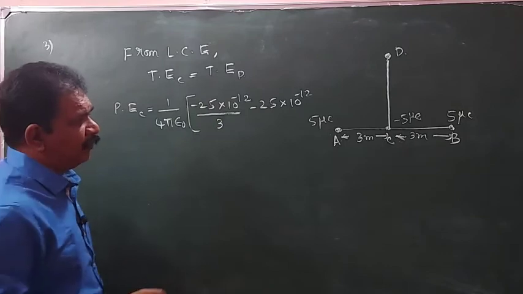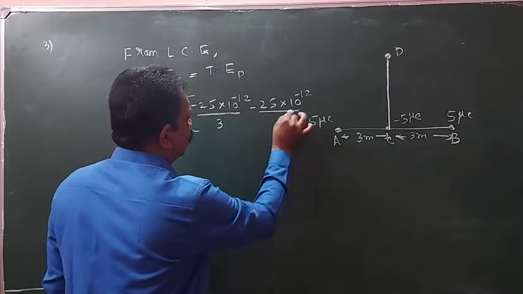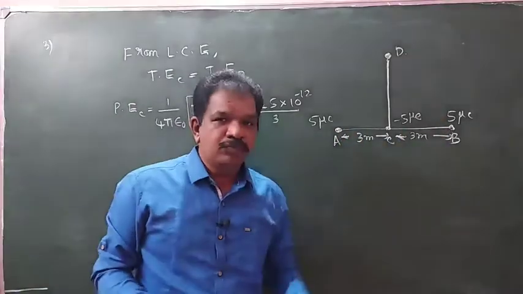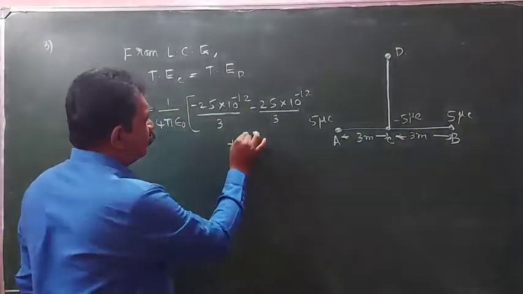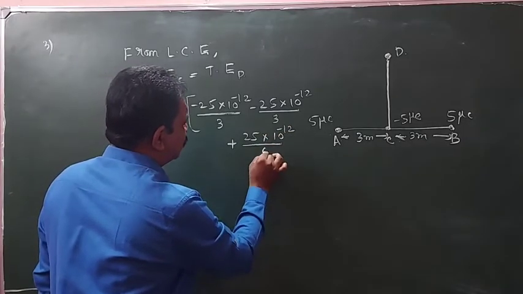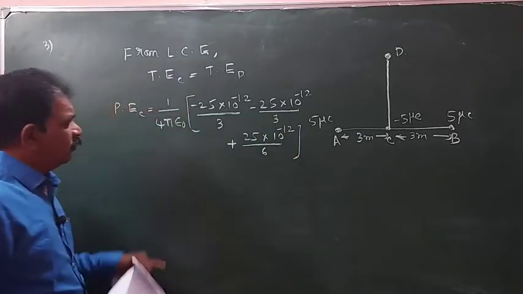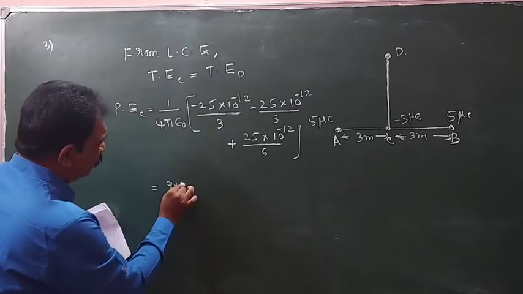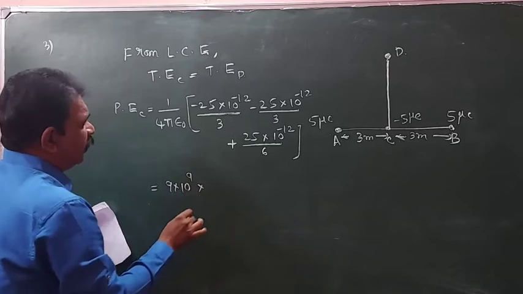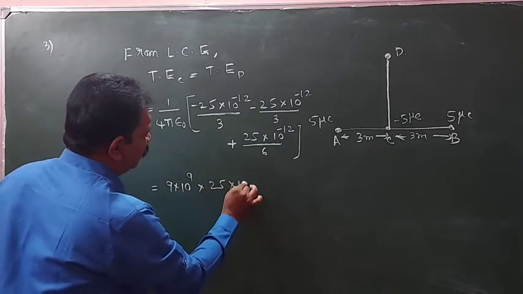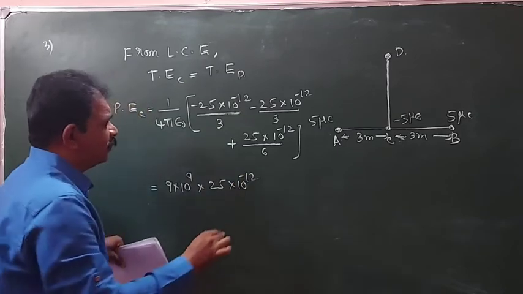So minus 25 into 10 power minus 12 by 3, minus 25 into 10 power minus 12 by 3, plus 25 into 10 power minus 12 by 6. We know 1 by 4 pi epsilon naught is 9 into 10 power 9, and I am taking 25 into 10 power minus 12 as common.